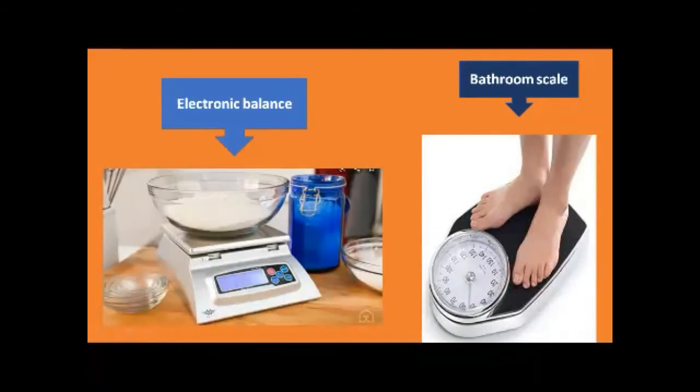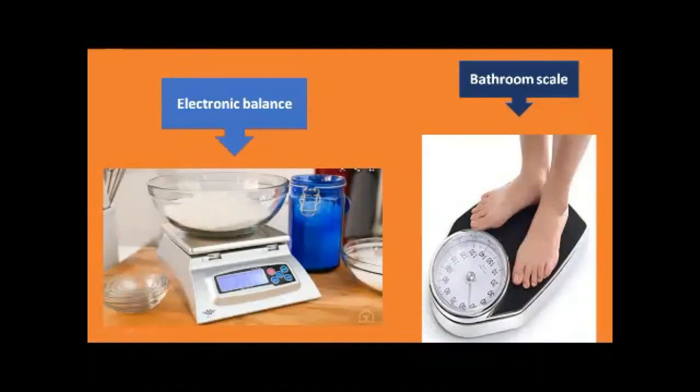Now the bathroom scale, but this is not used to measure the bathroom. The bathroom scale is used to measure the body weight. Have you ever seen someone standing on a weighing scale like this? If yes, this is called a bathroom scale.